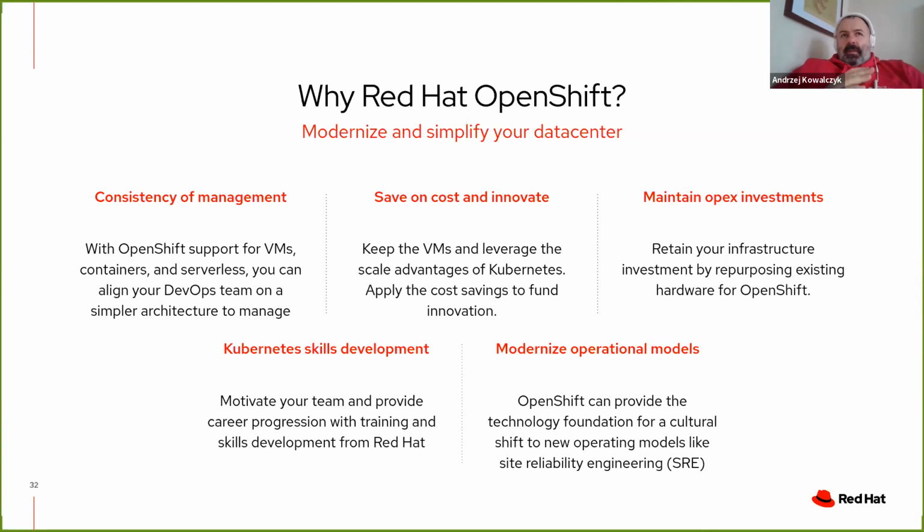In the first phase, they will use it just for containerized load, and later they will start to think about possibilities to run also virtual machines on top of OpenShift, because right now there is a chance to have a common platform for both virtual machines and containerized.